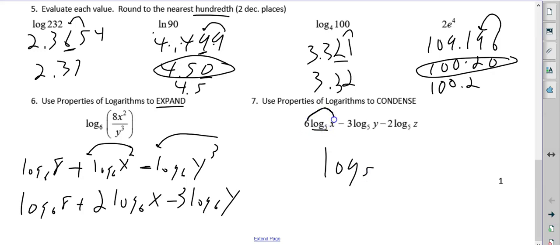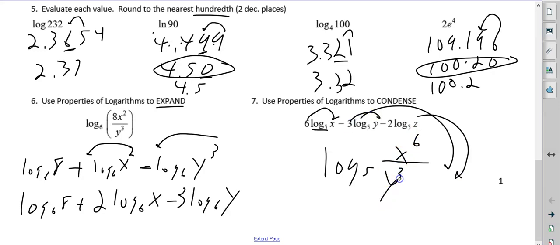Remember, this 6 is going to come back here. We do have some minuses, so we know we have a fraction. We have 2 minuses. That means these 2 things are going to go in the denominator. So the x to the 6 is the only thing up top. And then again, the 3 is going to go here, so y cubed. And the 2 is going to go here, so z squared.